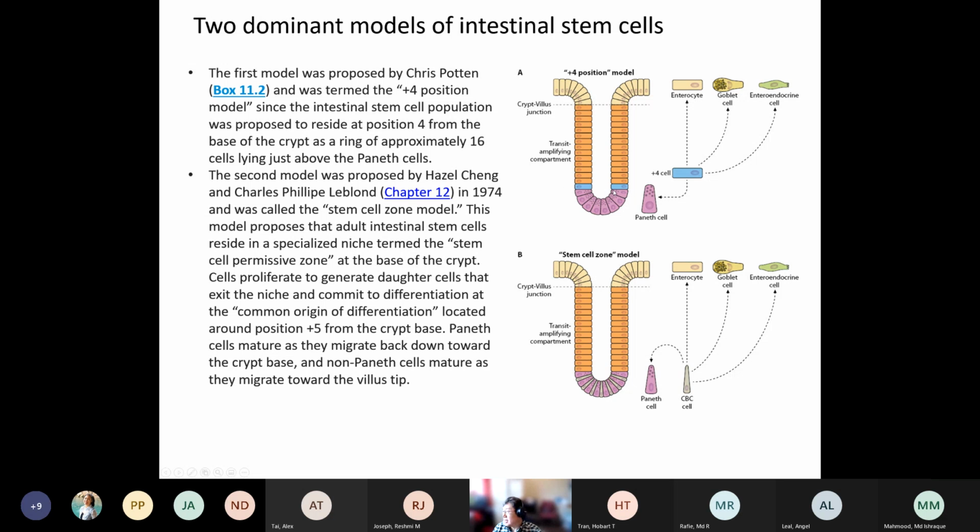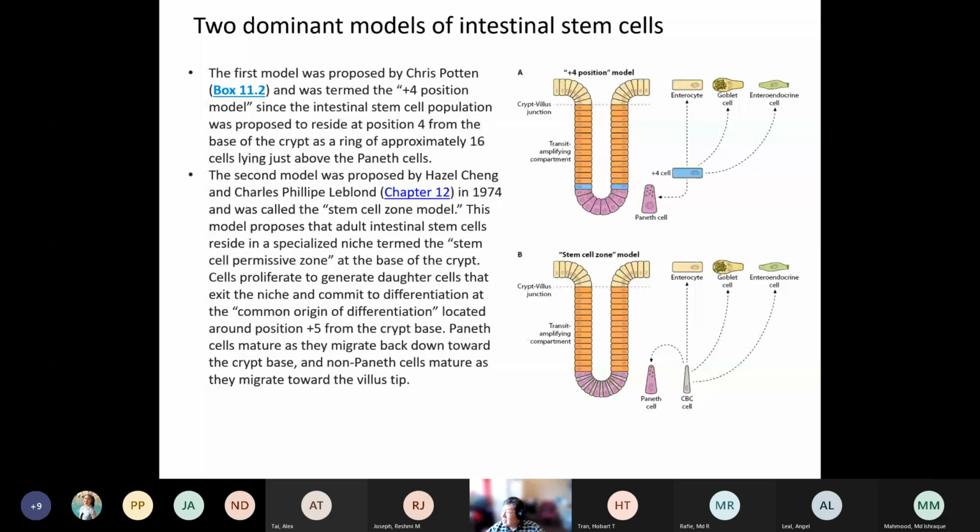What is the +4 position? Basically you count from the bottom of that crypt, and I don't know why he called it +4, because if I count by this illustration, it should be +5, but it doesn't matter. At this point, the +4 becomes a scientific term.